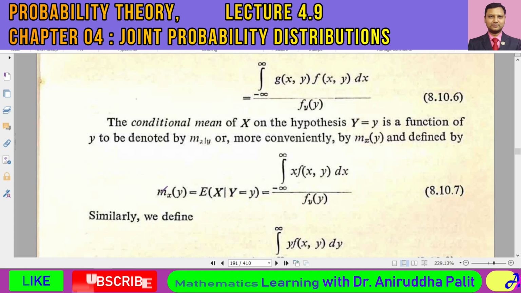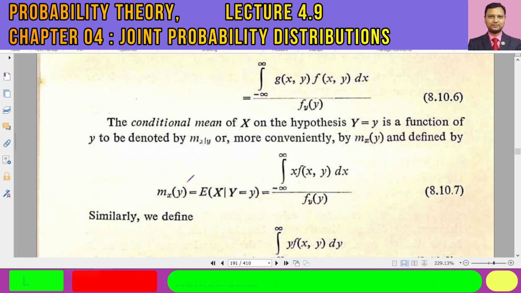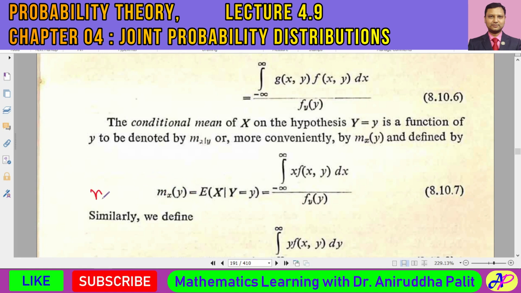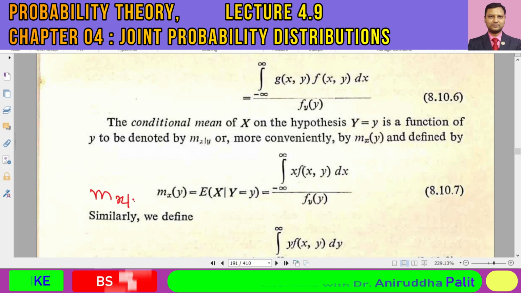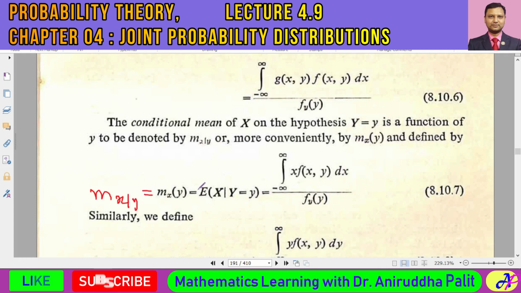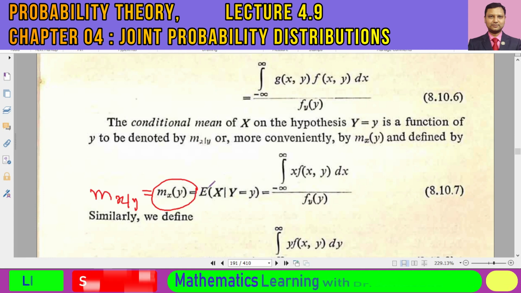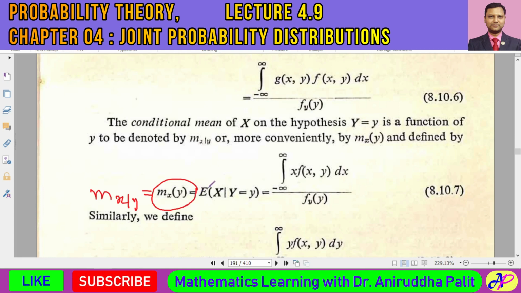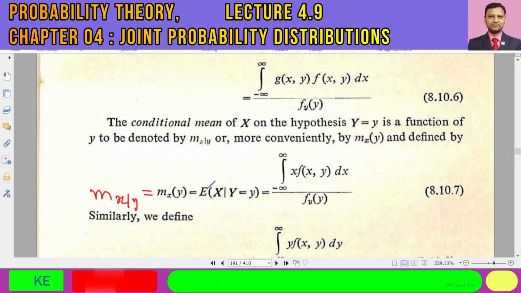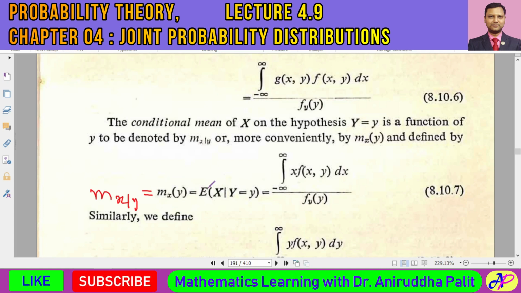This is defined in case of continuous distribution and is represented as m_Y(x). We can also represent it in another way, but we prefer this notation because later on we will find that this type of function represents a special kind of curve called the regression curve. Hopefully we will discuss this regression curve at the end of this lecture.